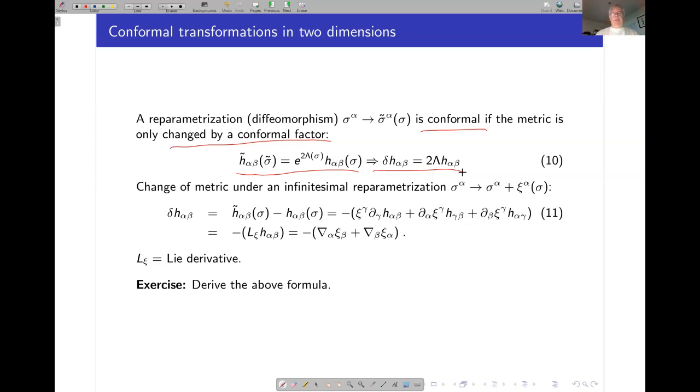If we work out explicitly the change of a metric under an infinitesimal reparametrization, then the result is formula 11.